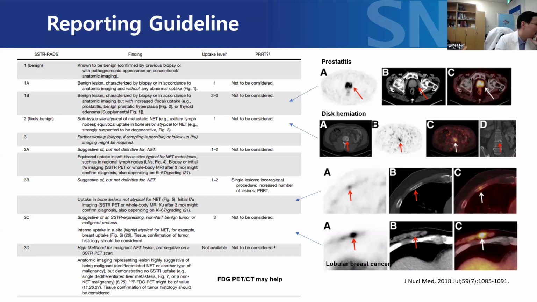So as you can see from the slide, category 1 means definitely benign, an example is prostatitis, and 2 is likely benign, such as disc herniations and lesions in vertebral bodies or disc space.